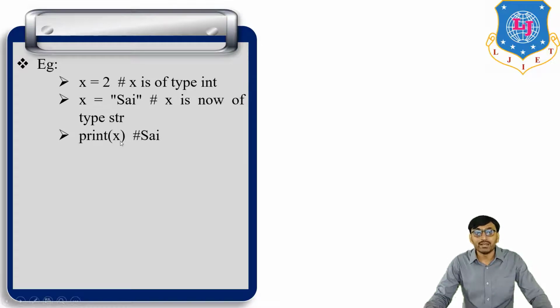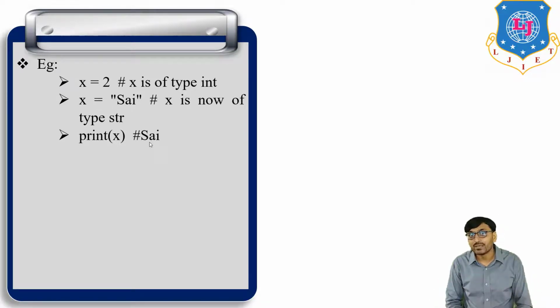Then if we print x, we get pi. Why not 2? Because small x = 2, then small x = pi. So the second small x overwrites the first small x, and we get the last one as output. So if the variable is the same, then the output is the last one.